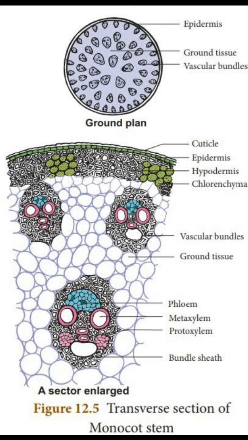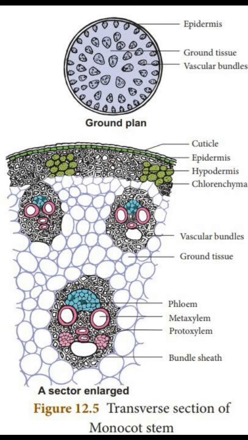Then one more point, let's discuss it. The phloem parenchyma is absent and the water containing cavities are present within the vascular bundles only. Understand? We had a discussion on this point in our regular offline class.